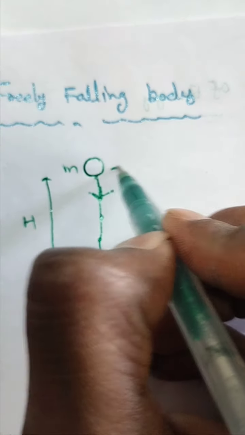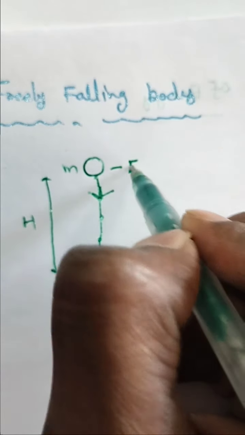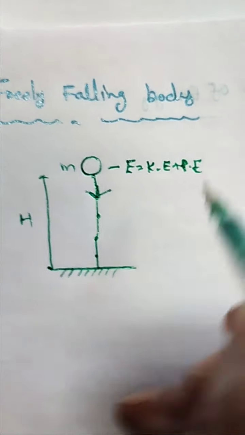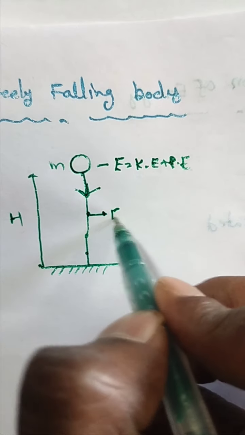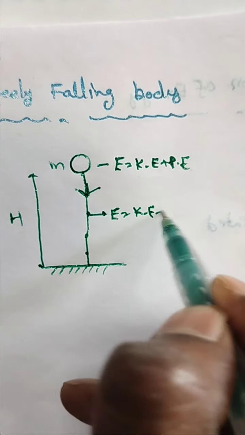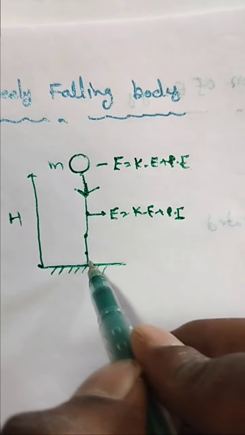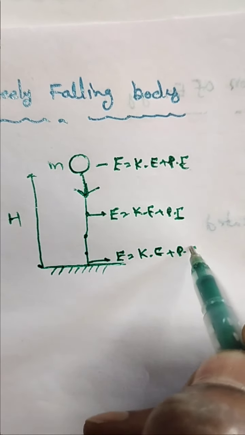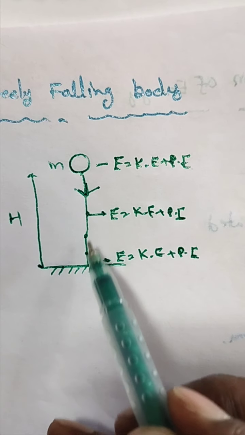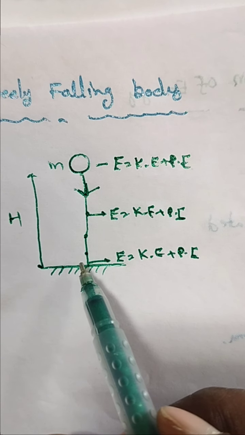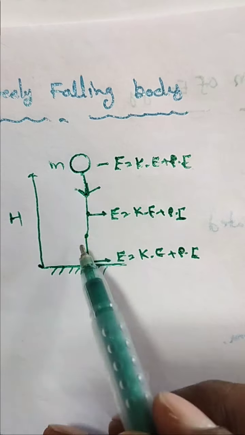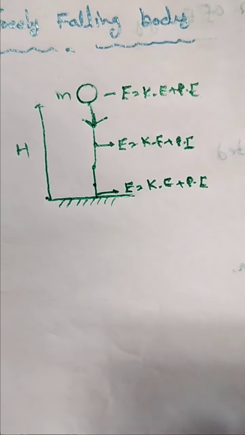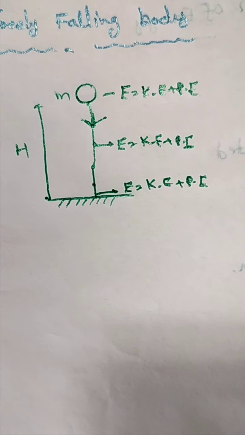The total energy is the sum of kinetic energy plus potential energy at each point. Our assumption is that at any point the total energy will be constant in a freely falling body, and that is the conservation of energy. So I will derive the equation.